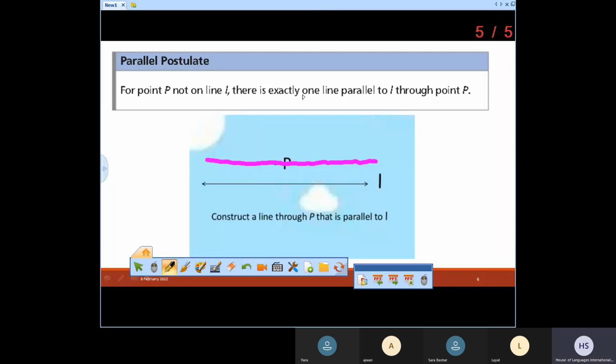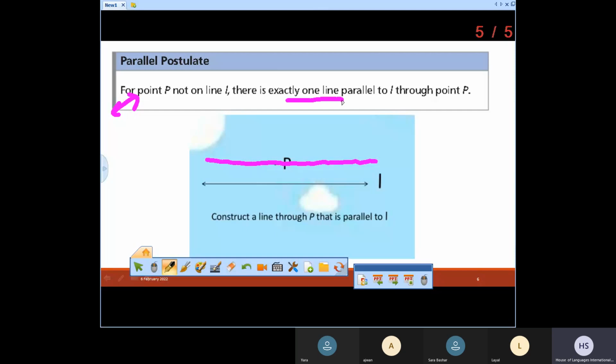But if you have point P, and I want you to draw a line that must pass through this point and be parallel to the original one, how many lines can you draw? Only one. So the postulate here is: for a point P that's not on the line L, there is exactly one line parallel to L through the point.